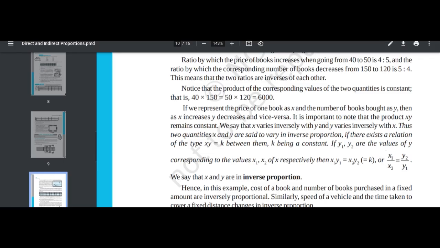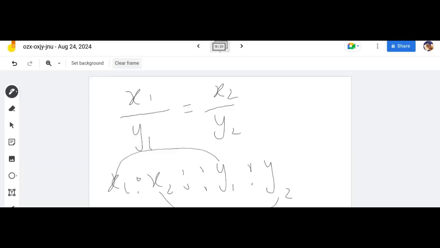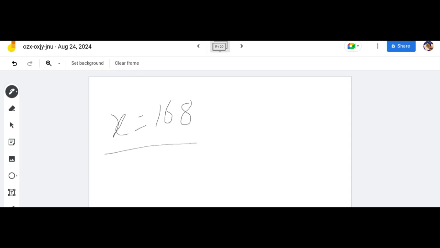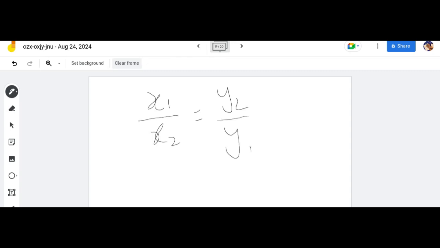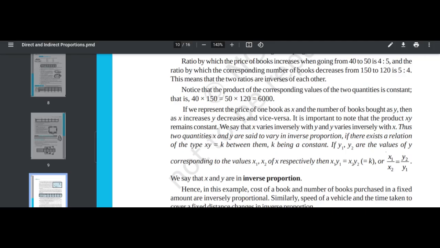But in inverse proportionality, the situation is changed. Here we have to do it like this: x1 by x2 is equal to y2 by y1. I hope you understood. In this proportionality, the ratio is changed because they are inversely proportional.